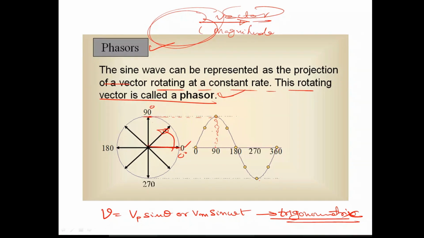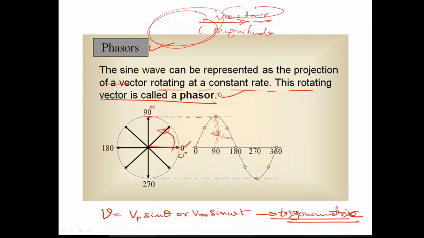So at 90 degrees you get a maximum value. That is, if it is a voltage waveform, it is Vm. So if your vector is rotated from here to here through 90 degrees, the sinusoidal waveform also attains maximum.